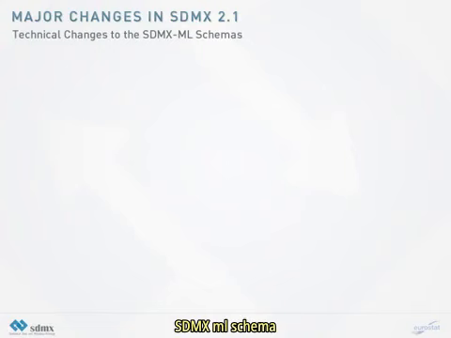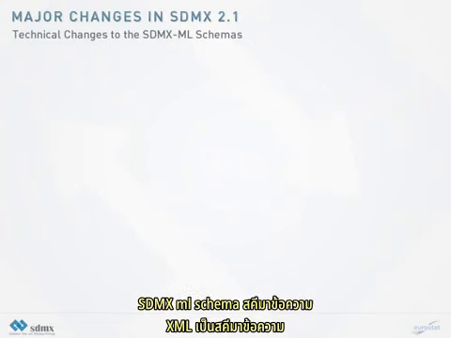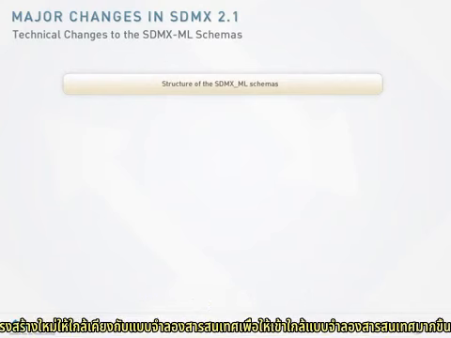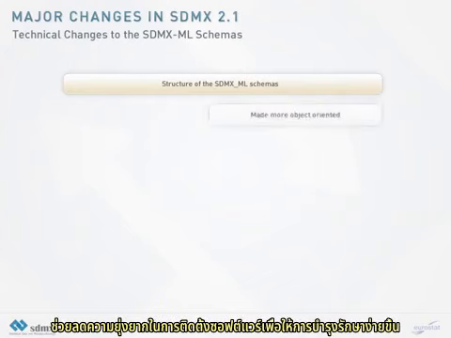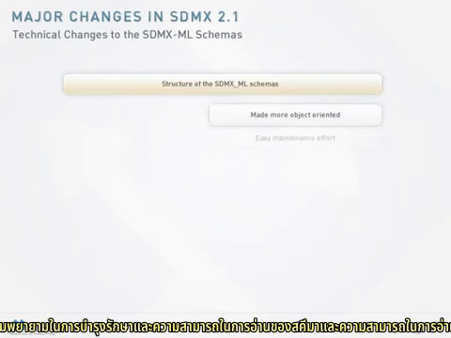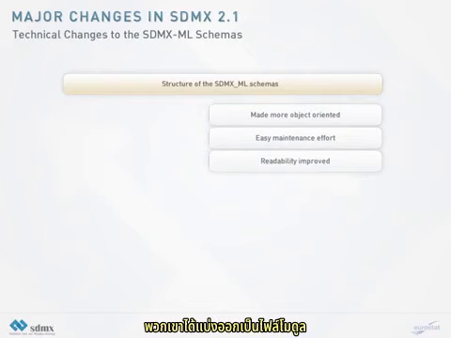Concerning the technical changes to the SDMX-ML schemas, the XML message schemas have been restructured to be closer to the information model, which also simplifies software implementation. In order to ease the maintenance effort and readability of the schemas, they have been broken into module files at appropriate levels.